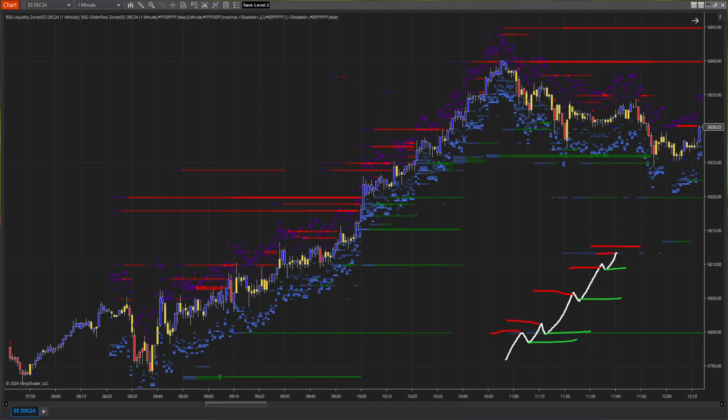Okay, so when there is a reversal, the initial signs of reversal, I want you to see what happened to the price action. So in this case, I'm going to erase this one.